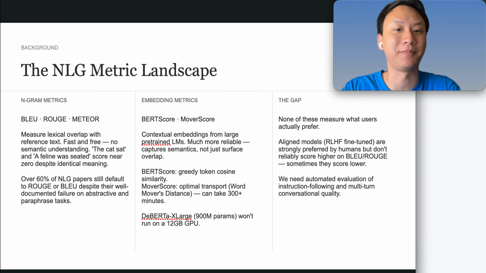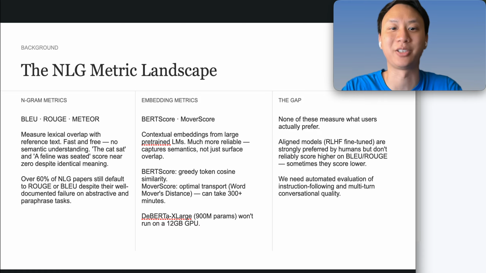The first set was called n-gram metrics, and they literally match word for word, in a very lexical way, the actual response to an answer key, which is the appropriate response, and they try to grade based off of that. Things evolved a bit, and we've then had embedding metrics, which capture more of the semantic meanings, right?